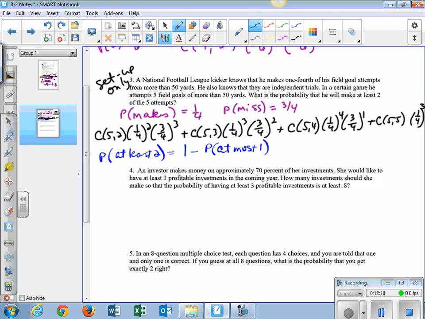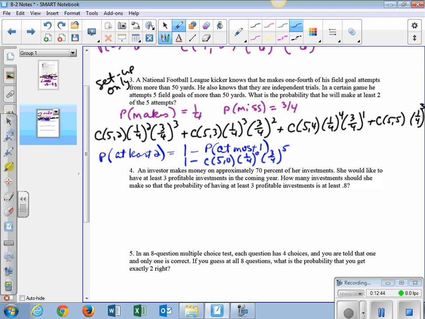So doing that one, I would have 1 minus, I would have either 0 or 1 miss. So I'd have a combination of 5, choose 0. Probability of making it, 1/4 would be to the 0, and 3/4 would be to the fifth.